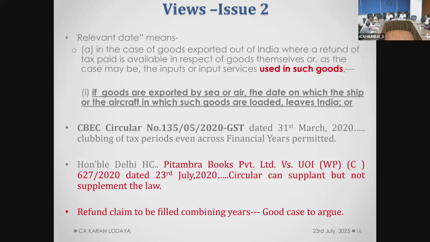Madam, you will fall under B no, then you read B also. That is a refund of unutilized input tax credit under subsection 3. Tax paid, exports with payment of that. No, refund of B. Refund of unutilized input tax credit under subsection 3, and subsection 3 says zero rated supplies made without payment of tax.